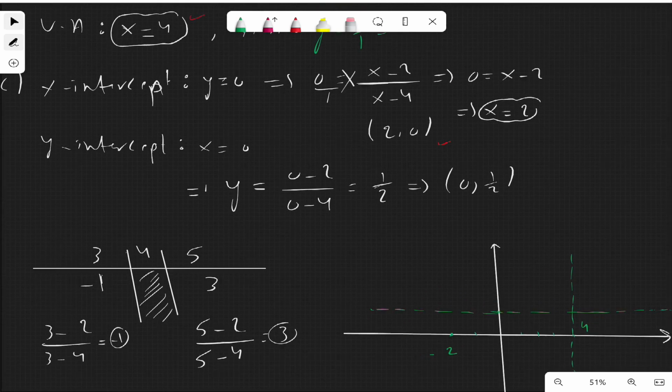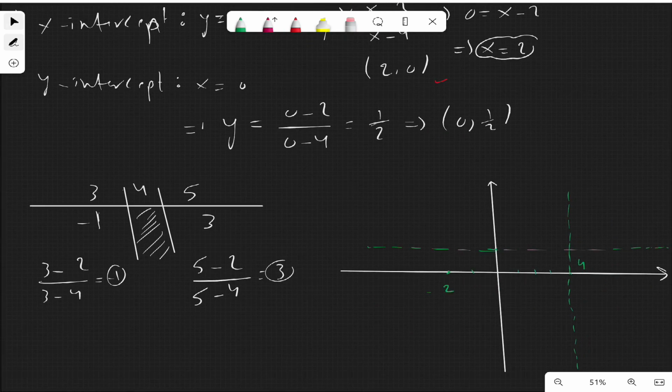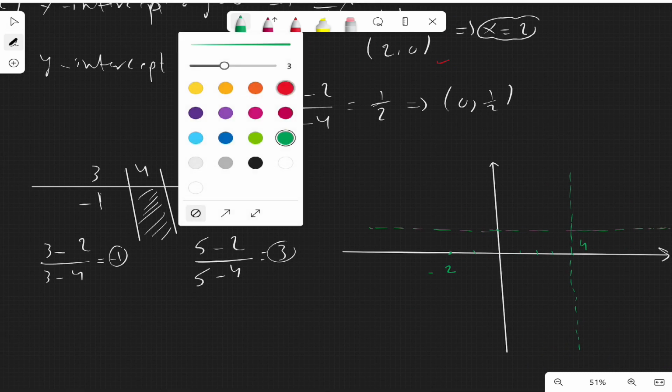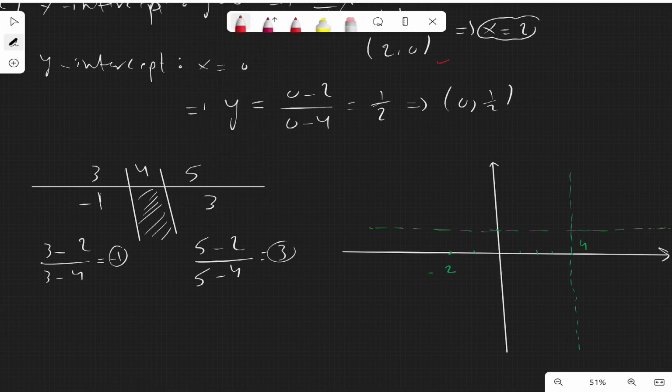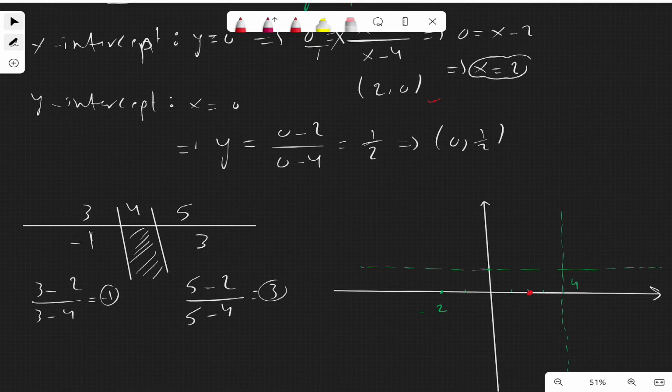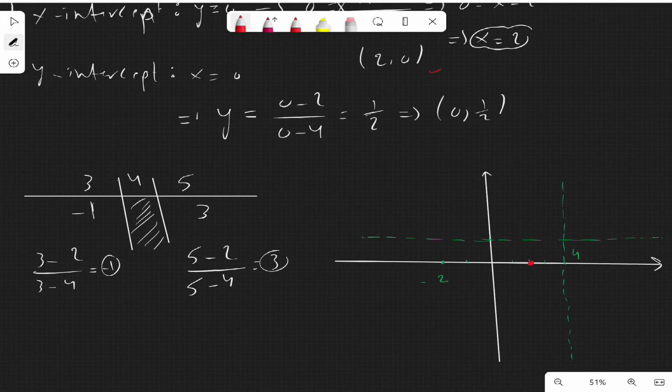The special points: x-intercept 2, 0. The y-intercept 0, 5. And at x equal negative 2, when we graph it, we put a hole.